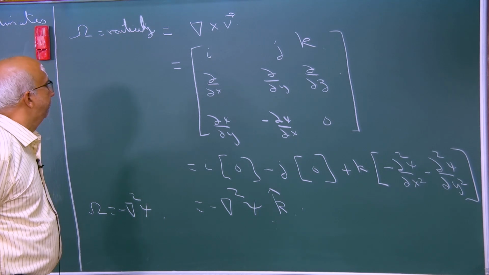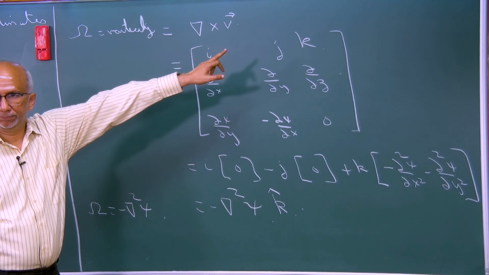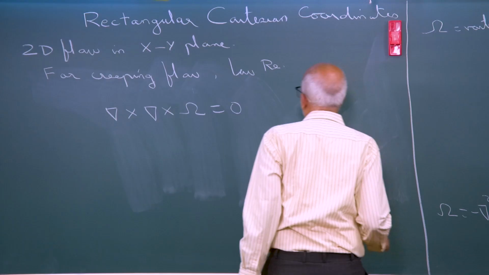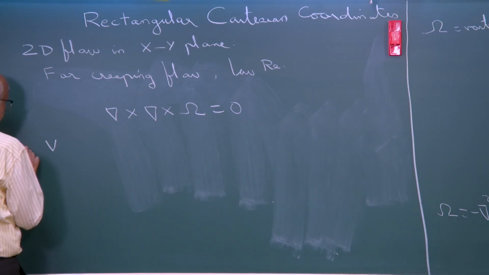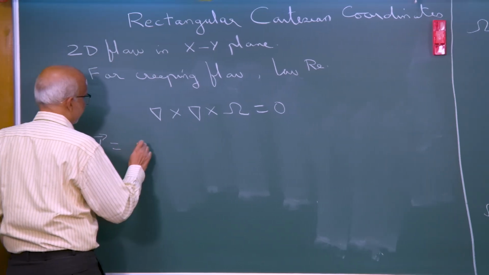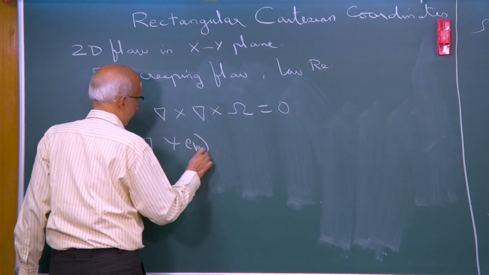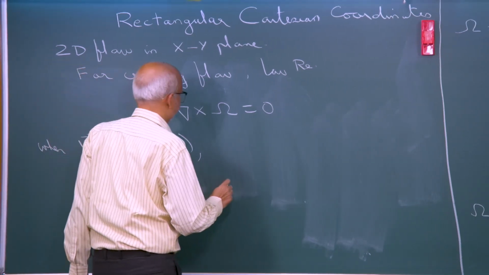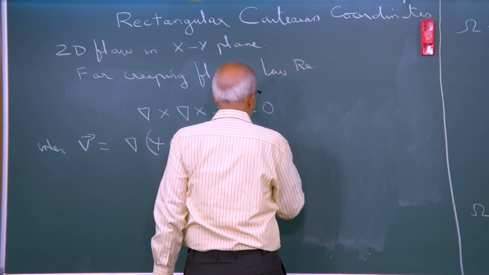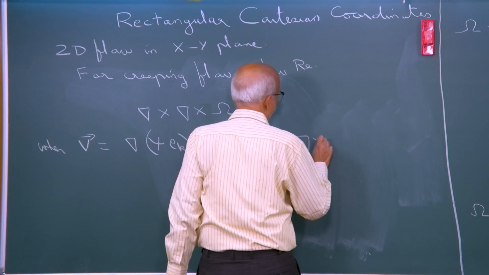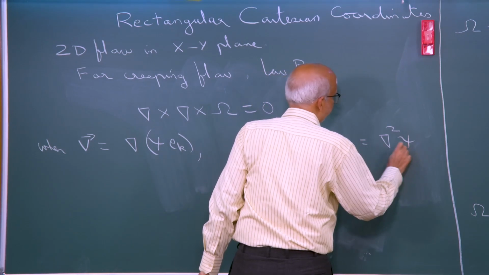Okay. Now, what we saw here is V is curl of psi. Remember, when V is written as curl of psi ek, then curl of psi ek is minus del square psi.